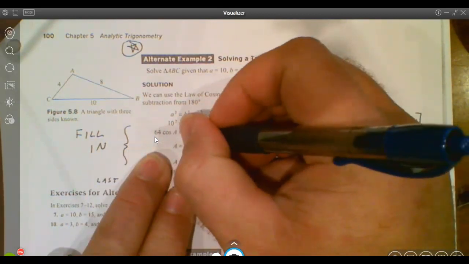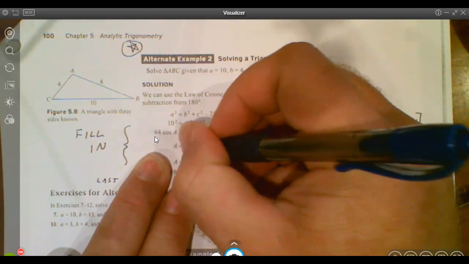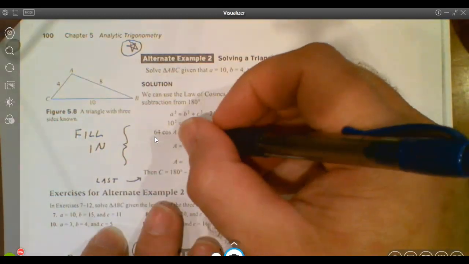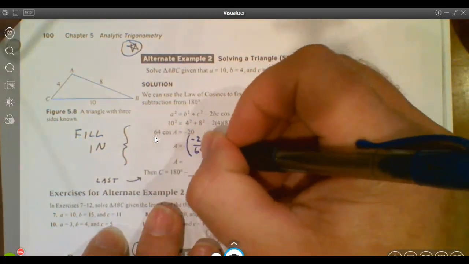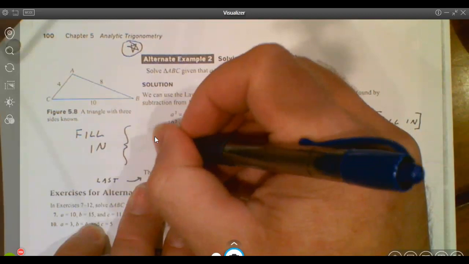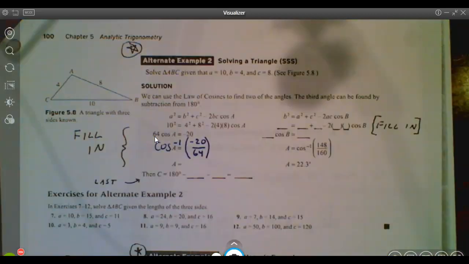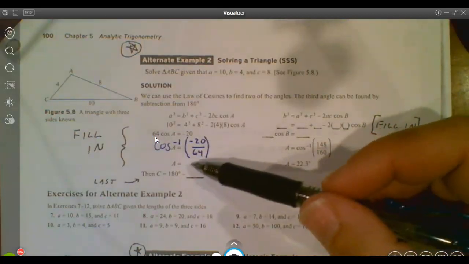They're kind of wanting us to do all this at once. So I'm going to say, let's divide the 64, and then I would have to take the inverse cosine of that information. And that's what's going to go into my calculator in order to come up with angle A.